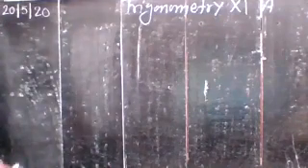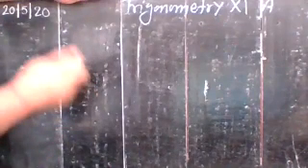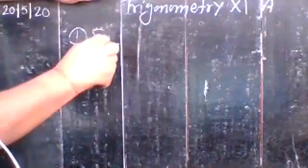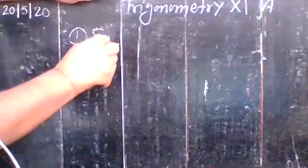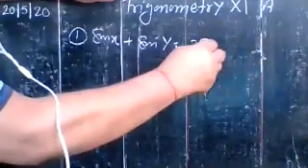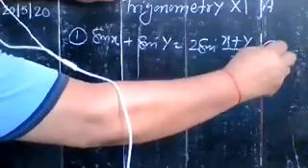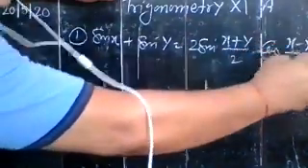Okay. So first, write the first identity: sine x plus sine y is equal to 2 sine (x plus y) by 2 cos (x minus y) by 2.